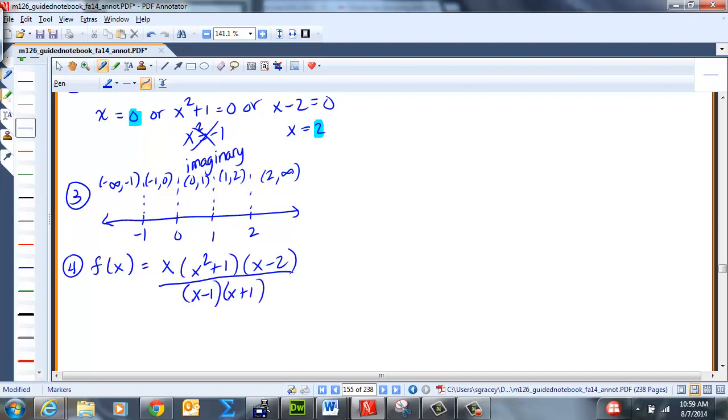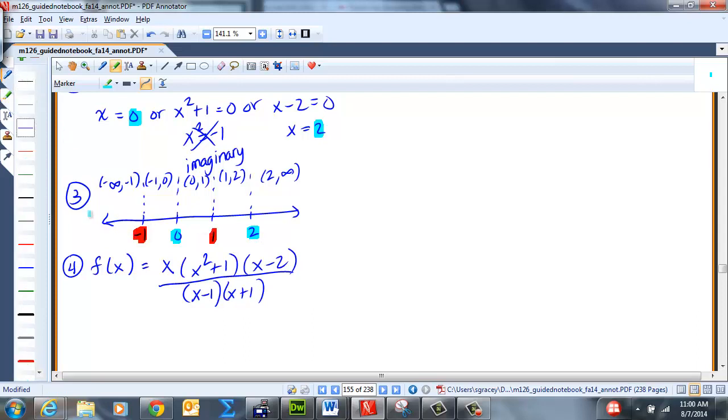All right, so let's see. These two are excluded values, and these are zeros. So we do have a greater than or equal to situation, so we can include 0 and 2 if they're part of a positive interval, but not -1 or 1.